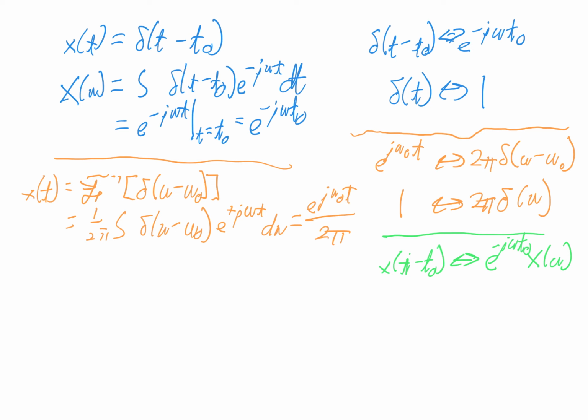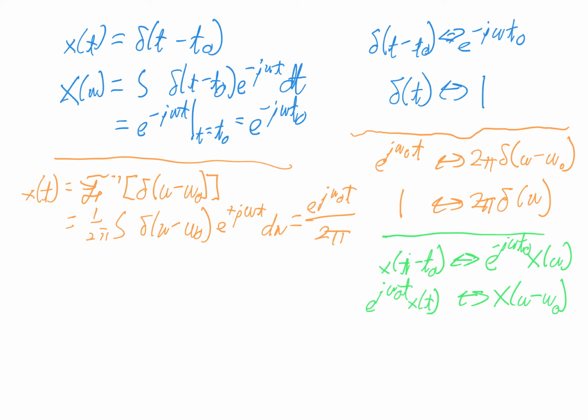There is a frequency version of this as well that says if I take the signal x of t and it has Fourier transform X of omega, but I shift that Fourier transform by omega naught, then I have multiplied the signal by e to the j omega naught t.